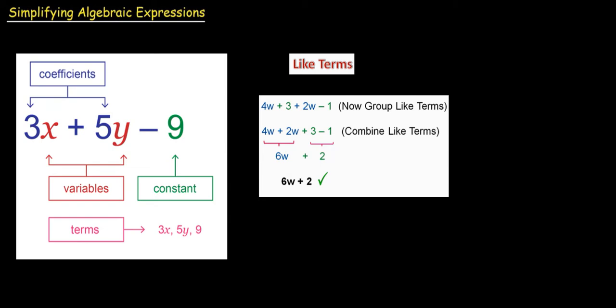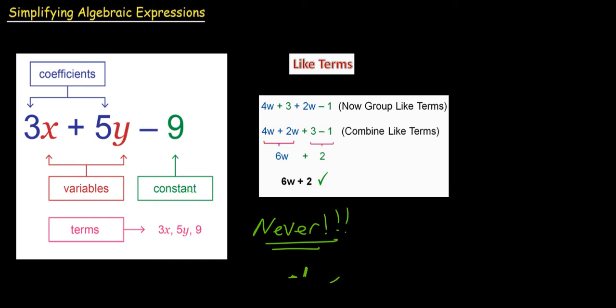We can't simplify 3x plus 5y minus 9 because it's already in its simplest form. I've seen students do this, which you should never do. You cannot add 3 plus 5, which is 8, and then subtract 9 to get negative 1.